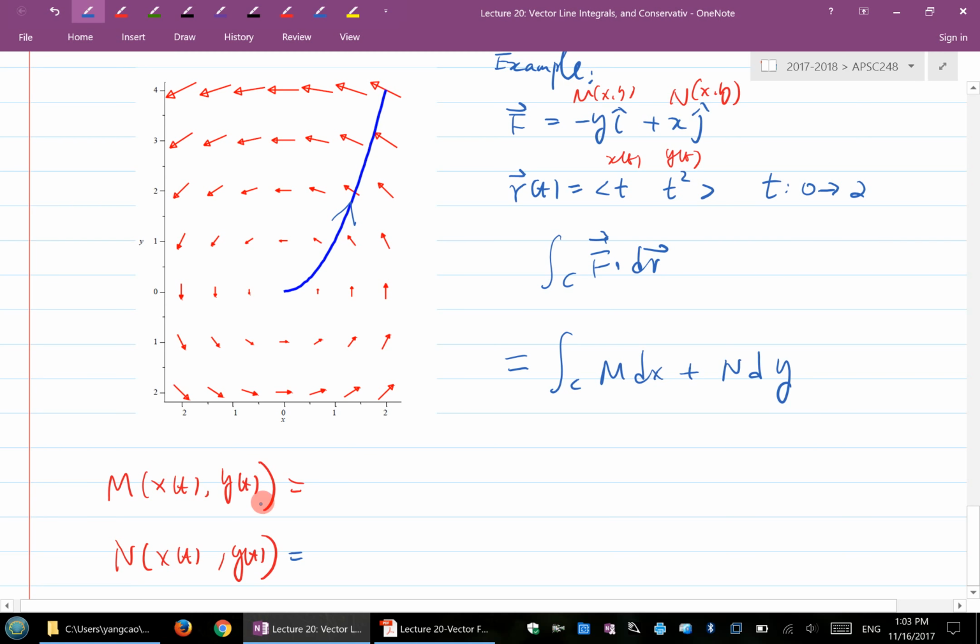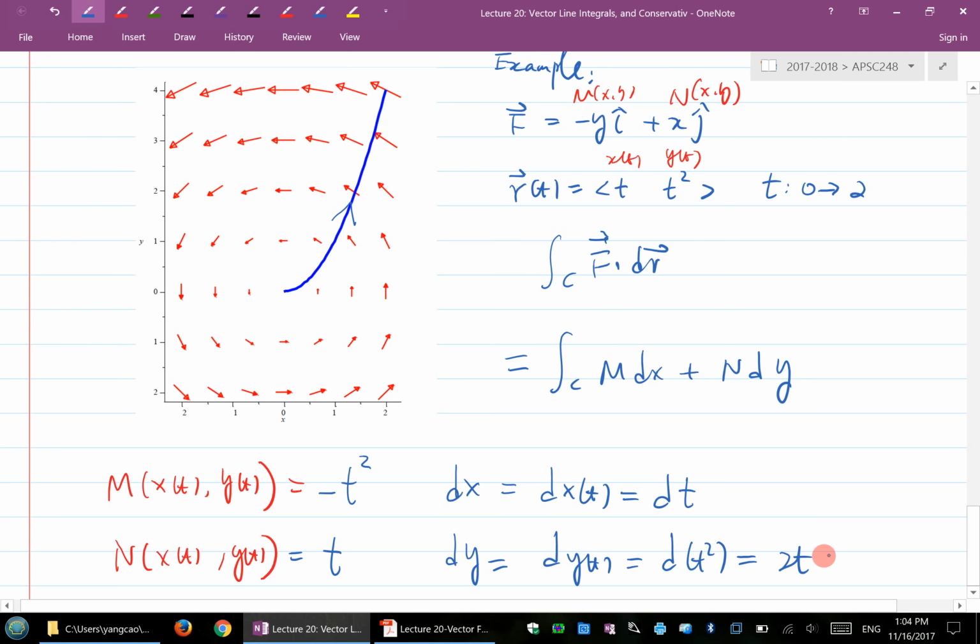So my M ends up as just negative t squared. And for the N, you replace the x with t, so you end up with t for the N component. And dx is ultimately just dx of t, which is dt. dy is basically dy of t, the differential of t squared, which is 2t dt. Does that make sense?